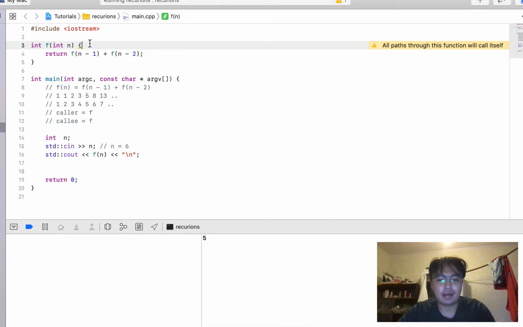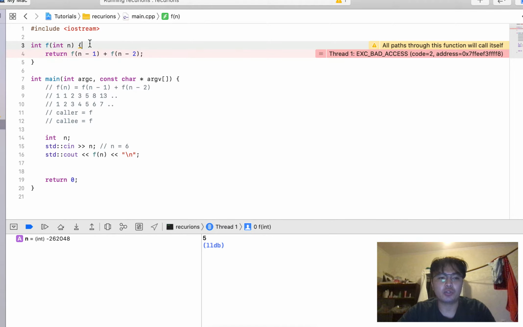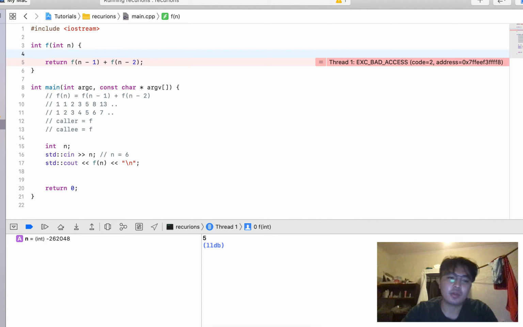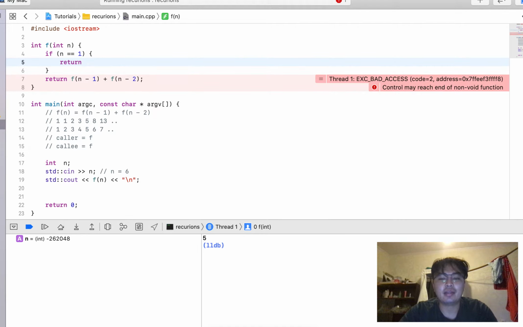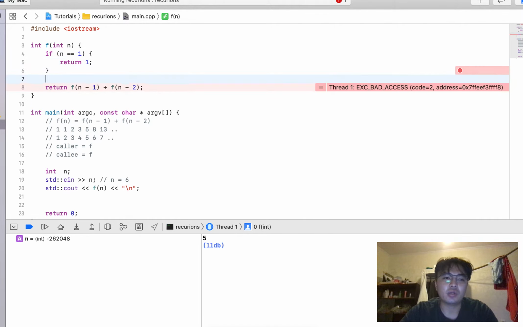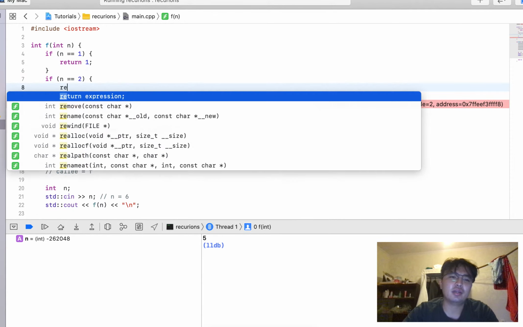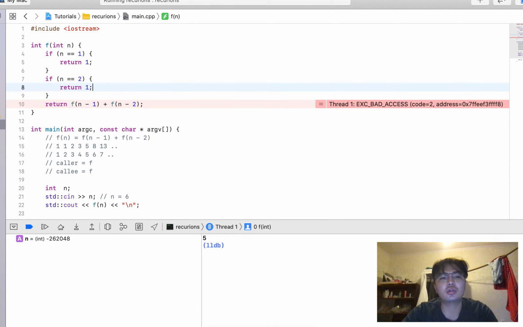We don't identify here where or how we should stop. So another important thing in recursions is a way to stop, stop statements, or stop conditions. For the Fibonacci number, it will be when n is 1, where we can just return 1 without computing, and when n is 2, we can return 1 again.